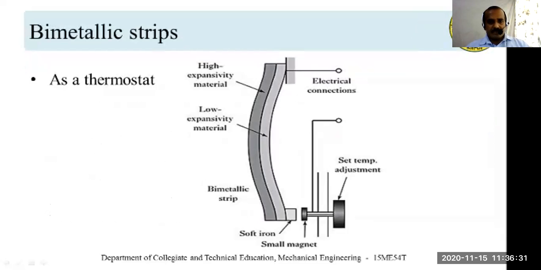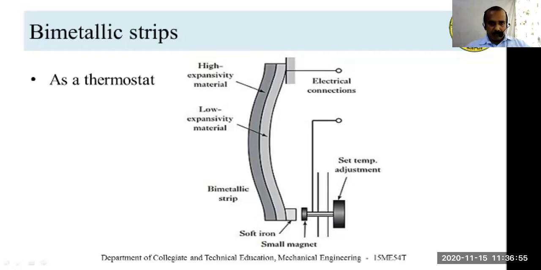There are two metal strips here. They are bonded together with a soft iron and a small magnet at one end to make or break the contact. When the temperature is increased, bimetallic strip deforms more, closes the circuit, and power flows to the system.